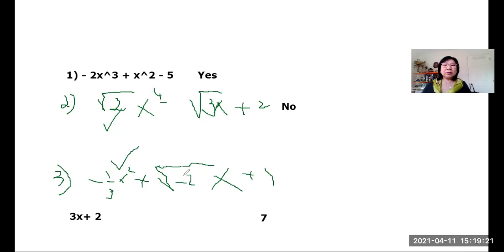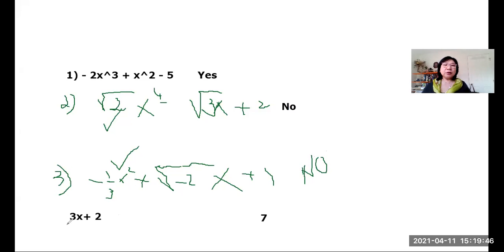Now this one is not okay because we can never have a square root of a negative number. So right at the beginning, this is already a violation, not even considering anything else. So our answer for this will be no again. No, this is not a polynomial function.